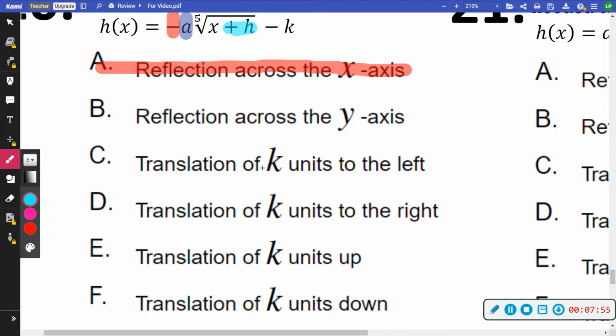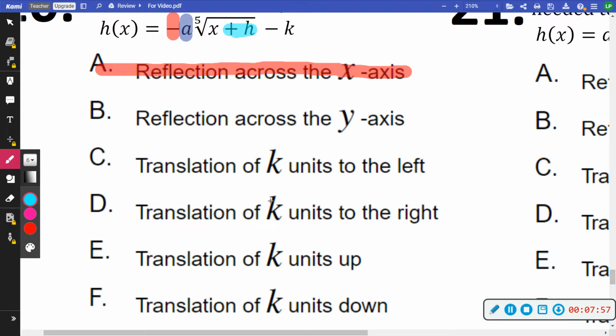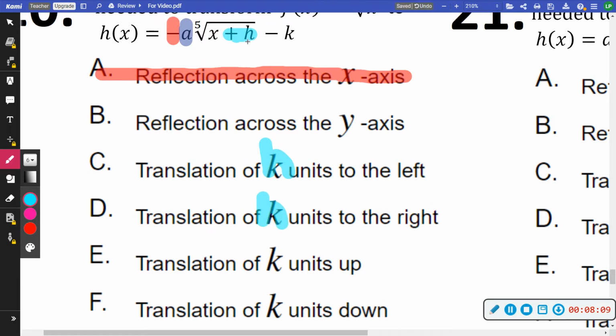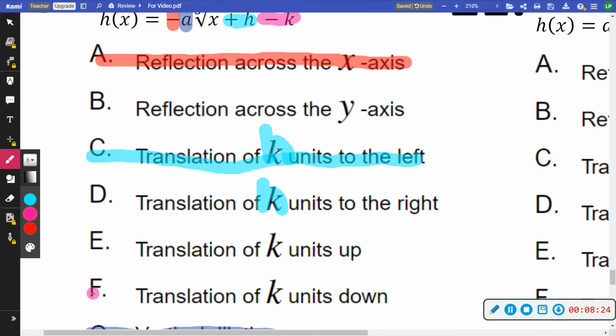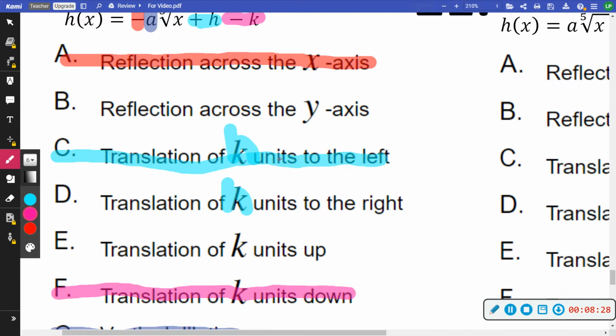This should say translation of h units to the left or translation of h units to the right. So if it's plus h, that's going to do it h units to the left. And then the minus k, that's what moves it down. So I'd say translation of k units down.